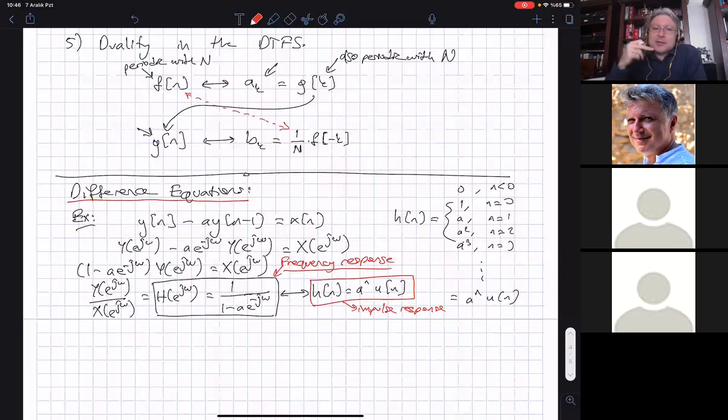Write it in the form of Y of e to the j omega over X of e to the j omega. Make cross multiplications, write them as this line, and then take the inverse Fourier transform of both sides of the equation to come up with a difference equation. That's how we do it.